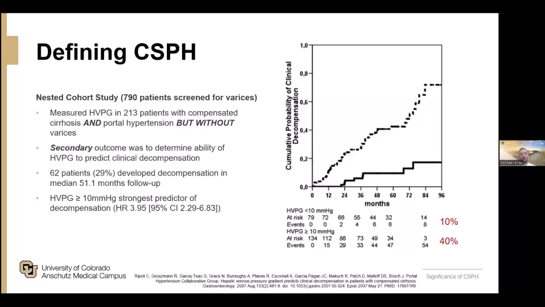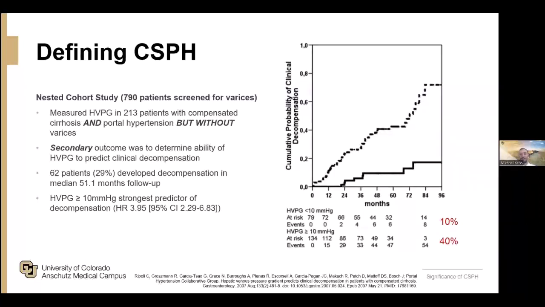In this cohort, 29% of patients developed a decompensating event. And when they analyzed all the laboratory data, all the clinical predictors, and stratified HVPG measurements, they discovered that the single strongest predictor of decompensation in these patients was an HVPG greater than or equal to 10 millimeters mercury. Now, this isn't perfect.